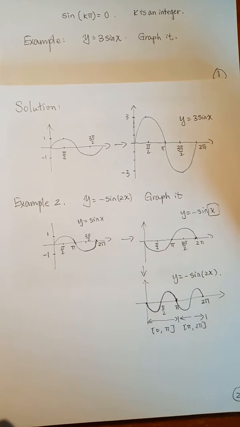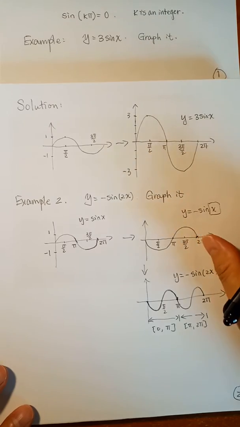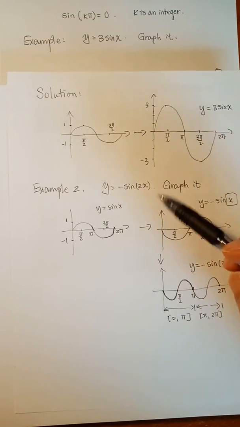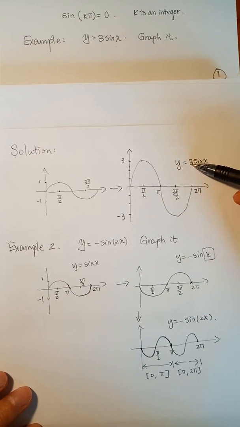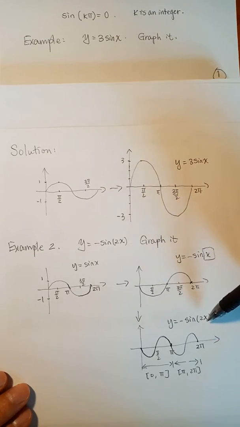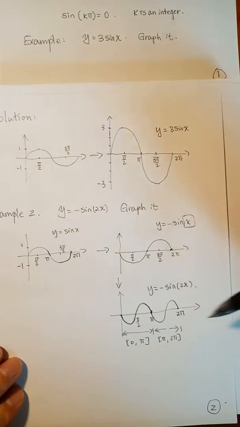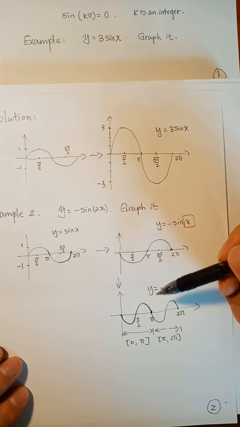This is a sine function. Sine function, we know how to sketch the graph. We know how to multiply with some coefficient. Here you see the difference. This coefficient is outside. When you have the coefficient outside of sine, you stretch it along the y direction. If you have a coefficient inside of the sine, you stretch it along the x direction, because this 2 affects x before sine.